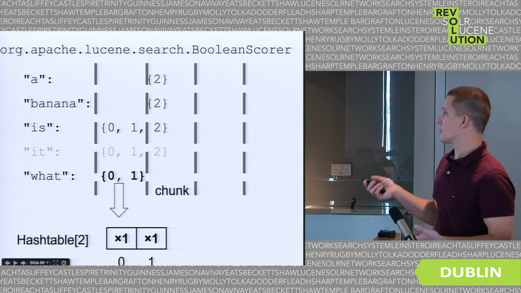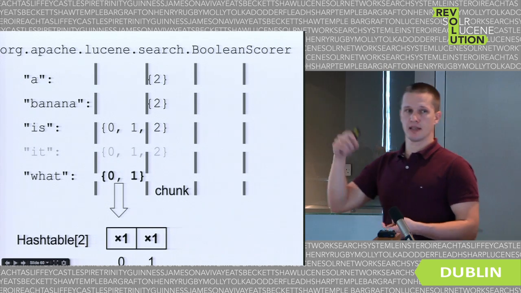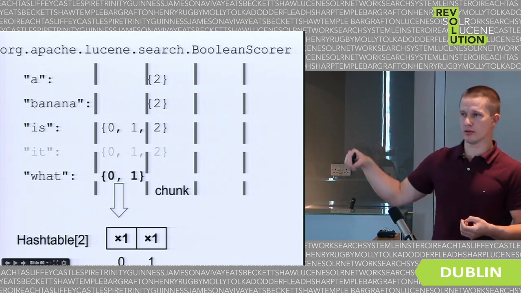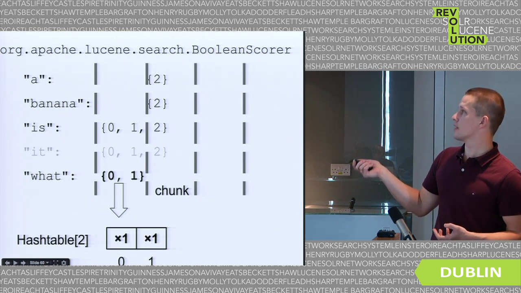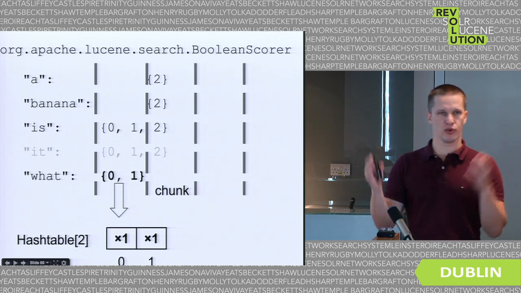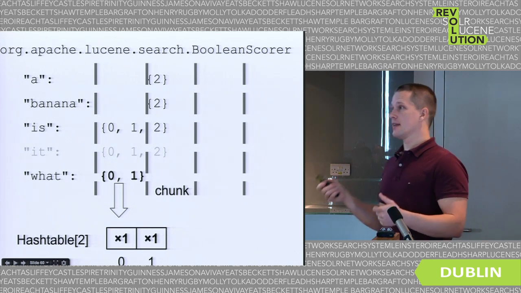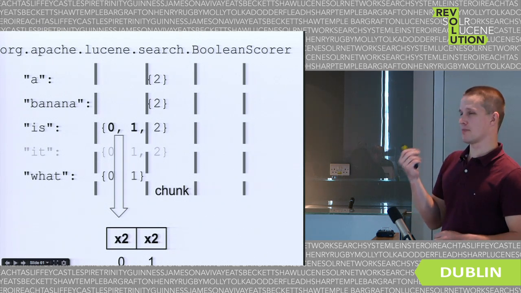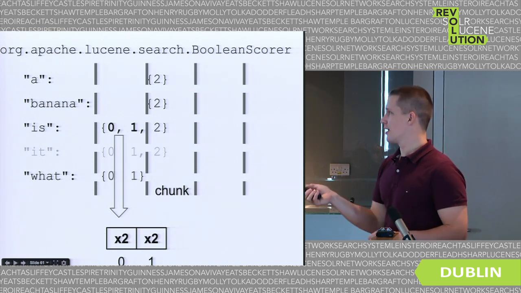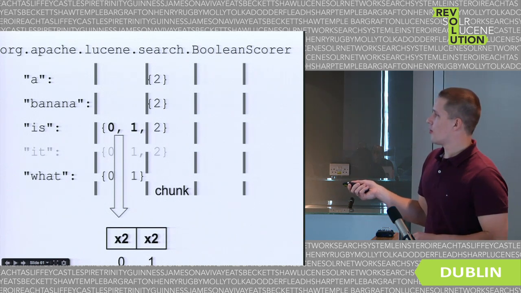Because of this, the elements which are placed into the hash table are linked all together, one by one. As a result, we have a linked open hash table in Boolean Scorer 2. And it actually yields one subtle problem about search performance.